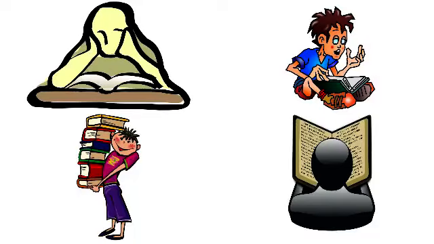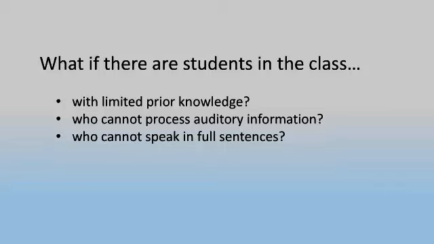Now let's also add in a sixth lesson element, differentiation of instruction. When a teacher thinks about differentiating instruction, he or she thinks about ways to address the limitations of the original lesson plan for meeting the needs of one or more individual students. For example, what if there are students in the class whose prior knowledge and skills do not provide sufficient grounding for the new learning?